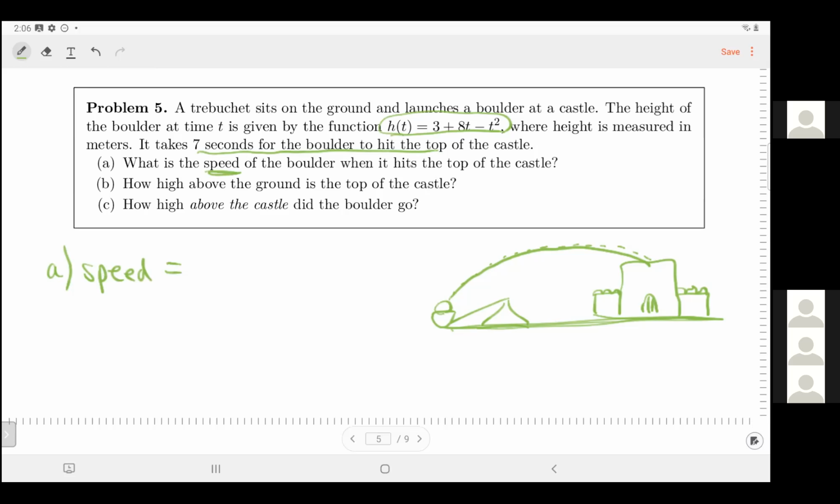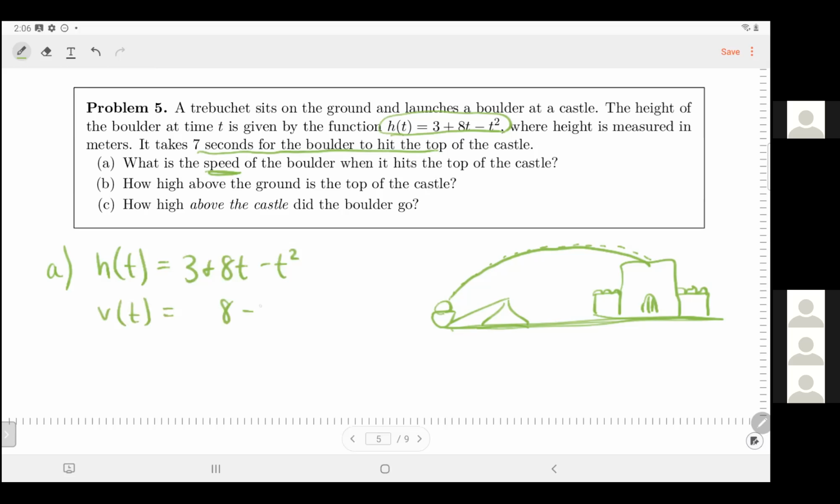Well, I'll ask for participation from you guys. I know that h of t is given. So I'll rewrite it here. How could I figure out speed from this equation? Find the first derivative. Yeah, right. This is sort of like position. And then if I look at the first derivative, it'll be velocity.